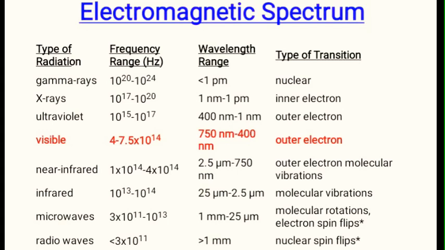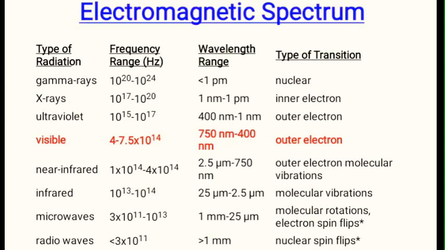Second, X-rays, the frequency range is 10 raised to the power 17 to 10 raised to the power 20. The wavelength range is 1 nanometer to 1 pm, and the type of transition is inner electron.